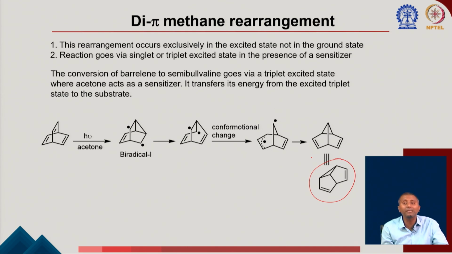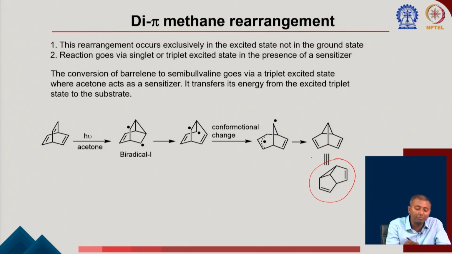If you are using a sensitizer, it goes from the excited triplet state, and if you are not using a sensitizer, it mostly happens from the excited singlet state. This reaction also depends on the substrate, so for some particular classes of substrates the reaction happens from the excited triplet state as well.